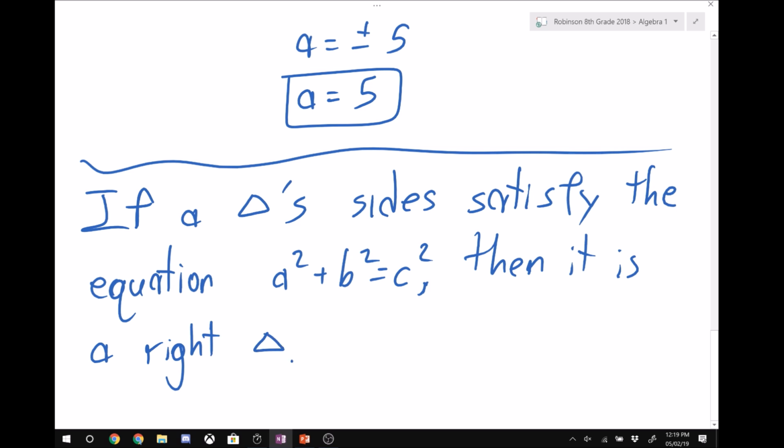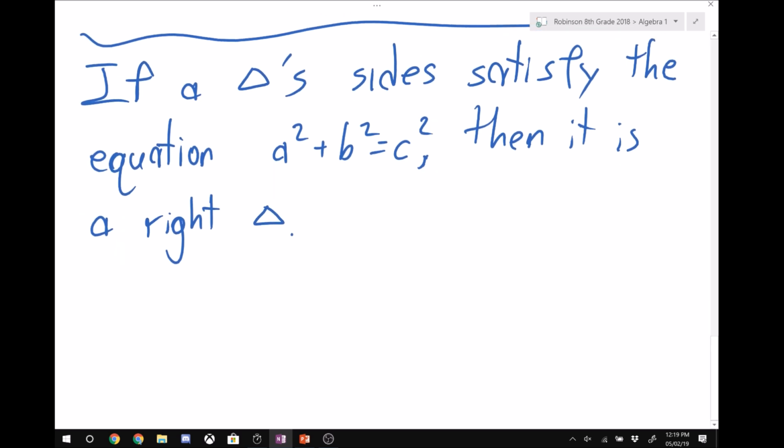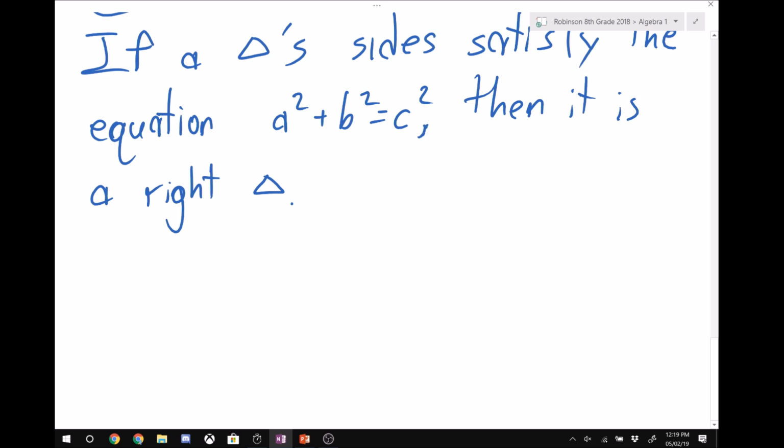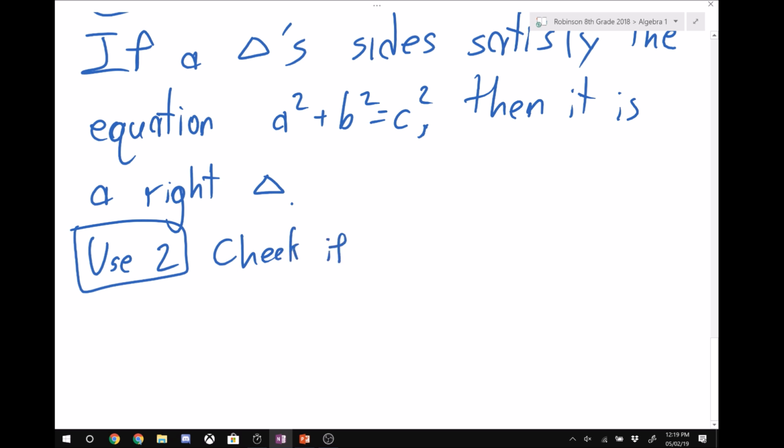Okay, and this kind of seems like we're saying the exact same thing, but we've really reversed it. So before we started with the assumption that this is a right triangle, now we end by saying it's a right triangle. So this is use number 2, which is to check if it is a right triangle.